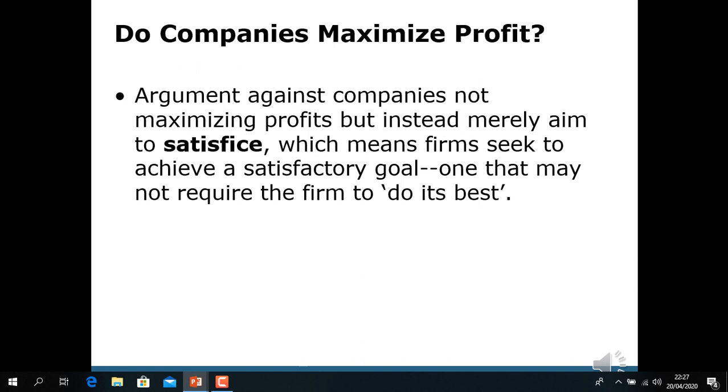If there is a company whose ultimate goal is not to maximize profit, but also they have to be satisfied, which means that the company strives to achieve satisfying goals, which may not require the companies to do the best.